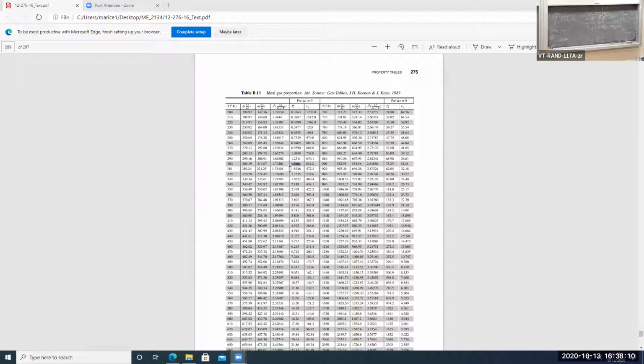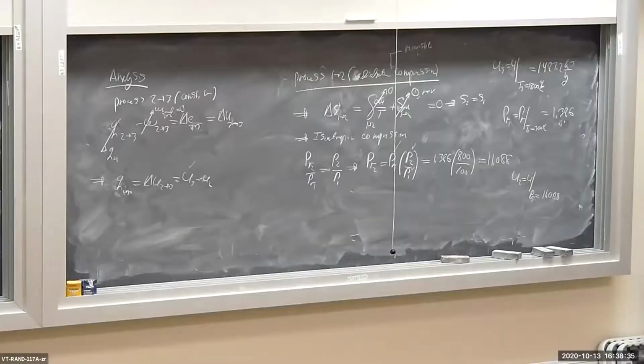Here's PR, and 11 is right here. That tells me the internal energy is around 389.34 kilojoules per kilogram. If you do the exact interpolation, you get 389.22.